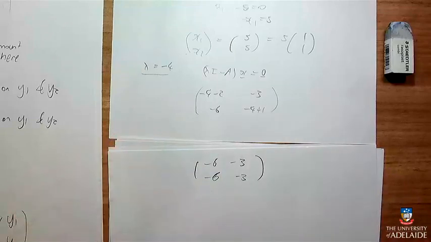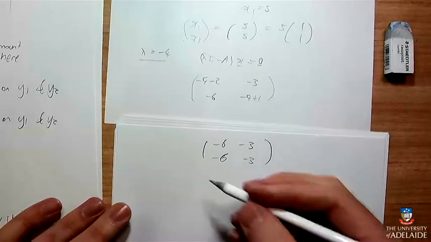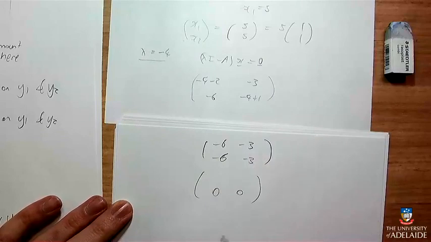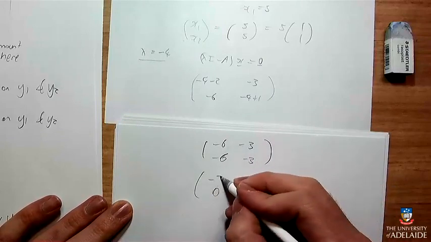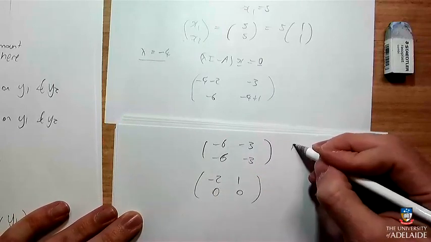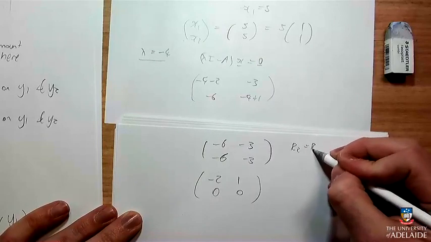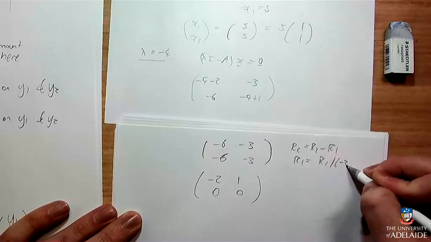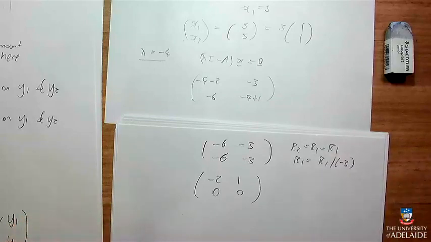And those two rows are exactly the same. So I can happily just subtract one from the other to get 0, 0 on the bottom row, and maybe divide this one by minus 3, if you really want to show your row operations.